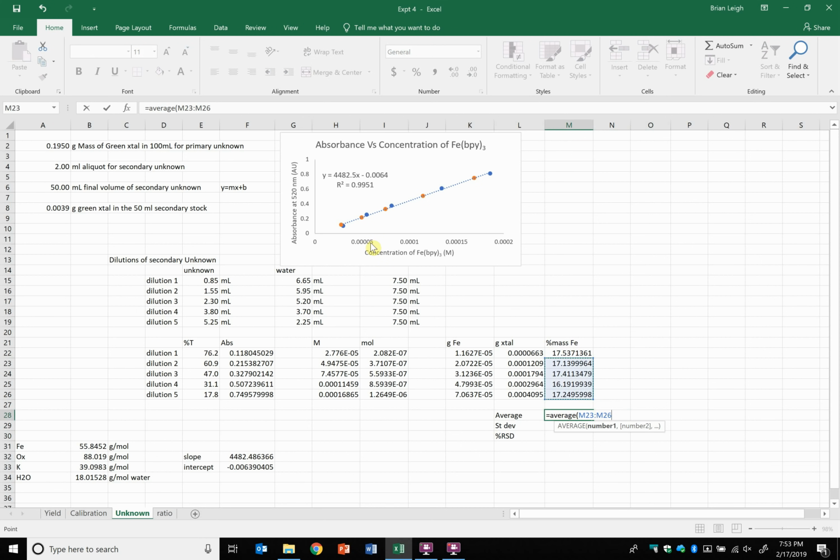Because this is outside the range. So our standard deviation won't include the top one. And our percent RSD is not too bad. So here you can see that we have roughly 17% by mass of iron in this green crystal.